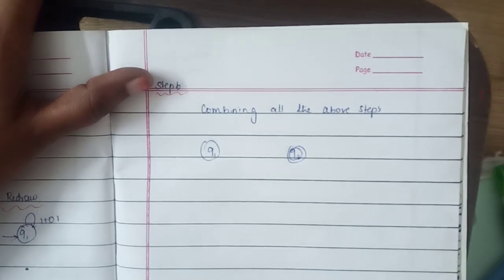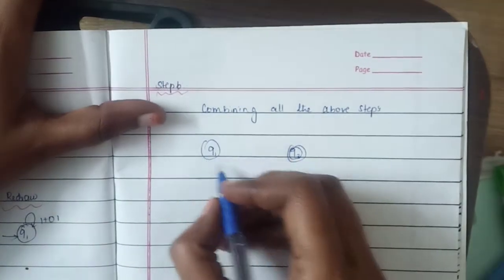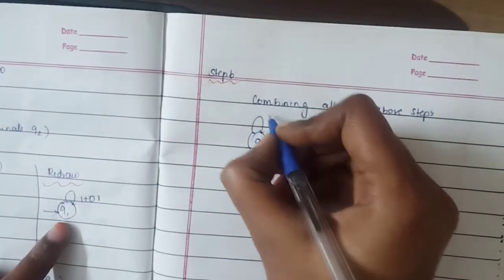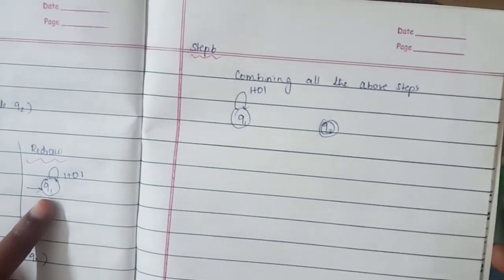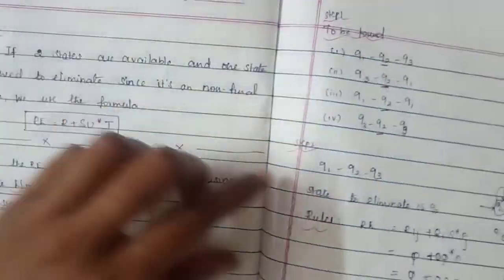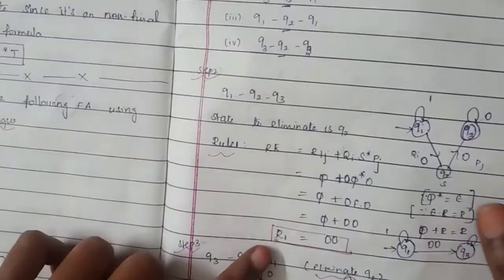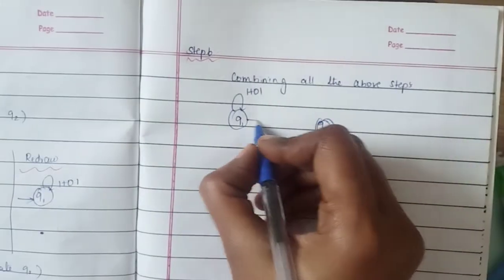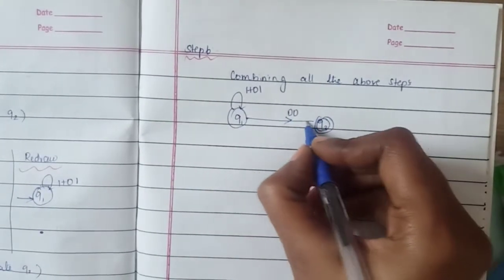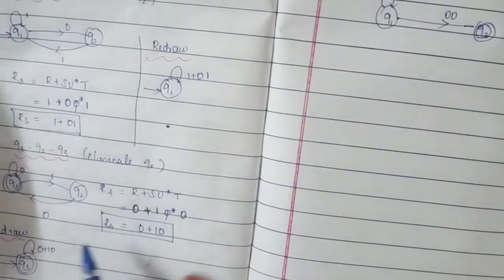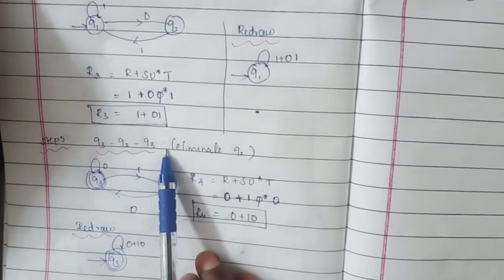So the elimination state is eliminated as Q2, right? So for Q1, Q2, Q1 the self state is 1 plus 0 1, which is to be redrawn as 1 plus 0 1. After this Q1 to Q3 is 0 0. So right, it is 0 0. And on Q3 we have, see here, Q3, Q2, Q3.